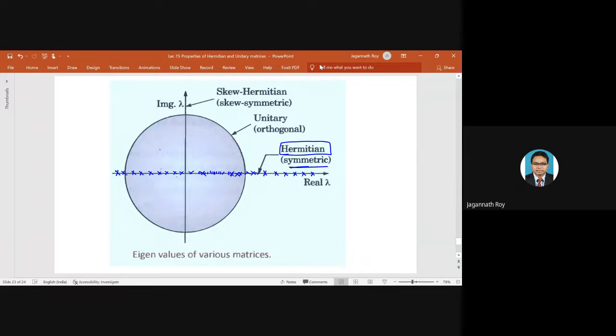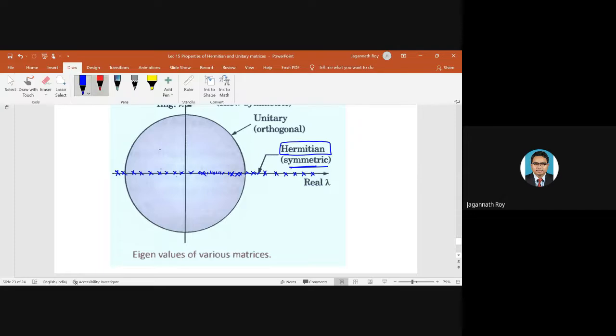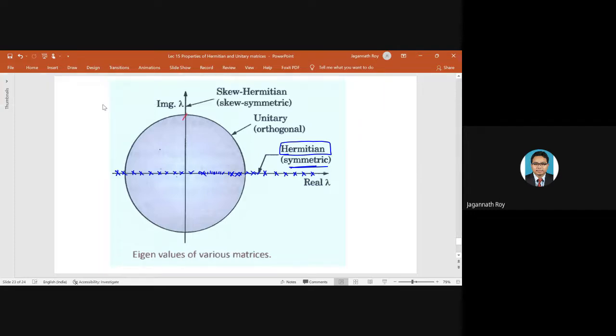For a symmetric matrix also it will be satisfied. But the eigenvalues of a skew Hermitian or skew symmetric matrix will lie on the y-axis, that is the imaginary axis.